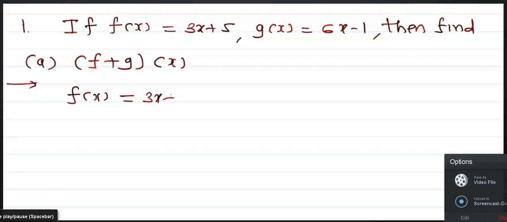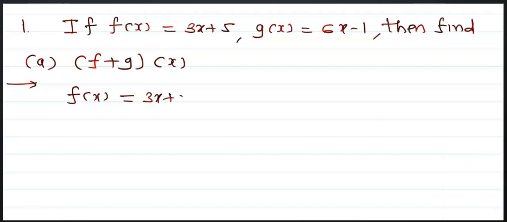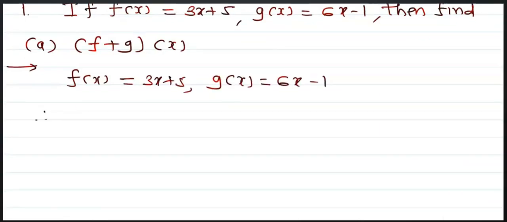Now what is f of x? f of x is equal to 3x plus 5. And what is g of x? g of x is equal to 6x minus 1. These are the two given functions.